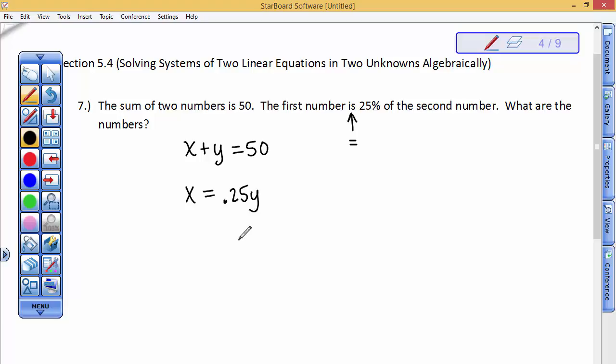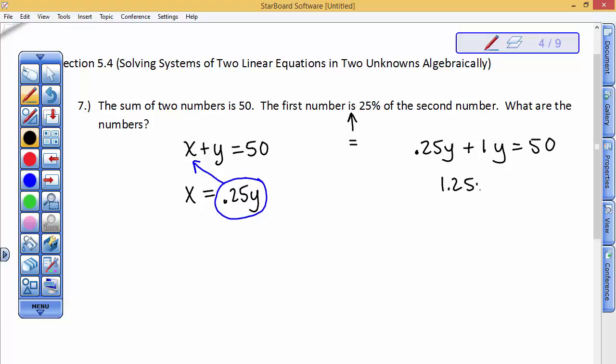This is nice because x is already solved for. So for x in the first equation, I'm going to put in a 0.25. And so I'll have 0.25y plus, don't forget that's a 1y, equals 50. And 1 plus 0.25 is 1.25y.